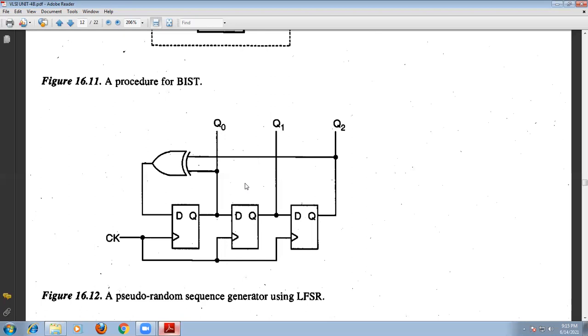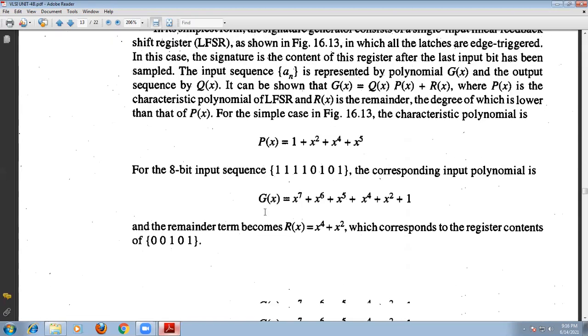And in this case, the simple form of this signature generator basically consists of a single input linear feedback shift register. The simple generator of this signature analysis uses a single input linear feedback shift register. We are showing it here.